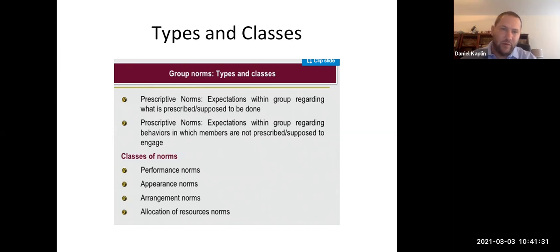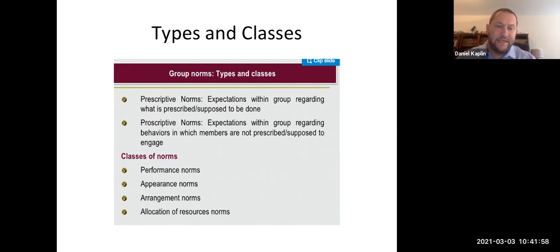So, the difference between prescriptive and proscriptive. Now, there are different types of norms. There are norms about appearance, right? So, when you give a presentation or when you're on a job interview, there are appearance norms. You have to dress in a suit, or dress the part.